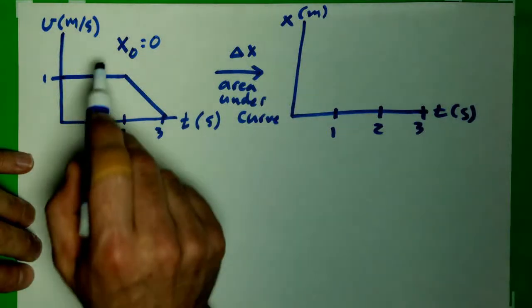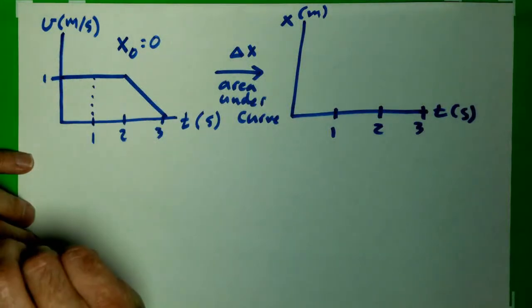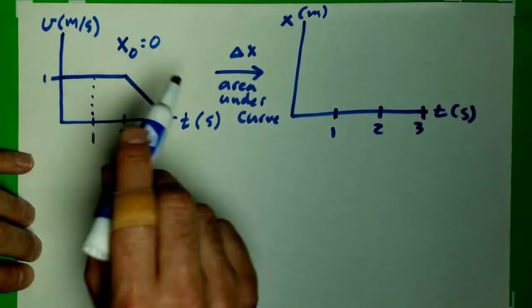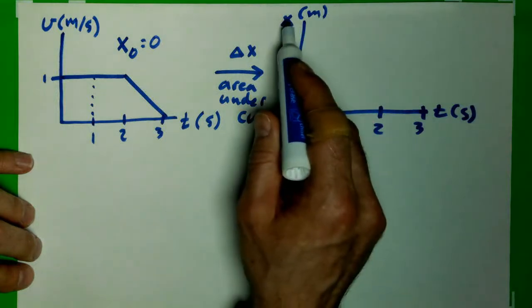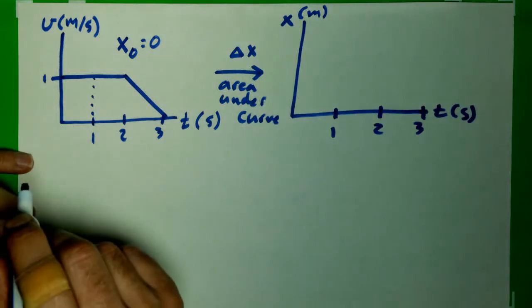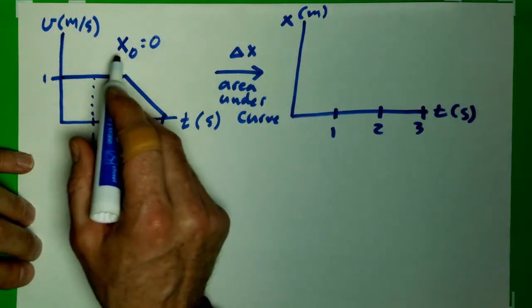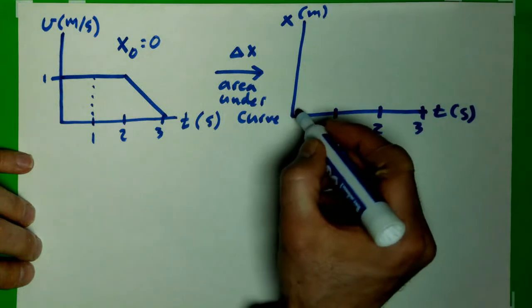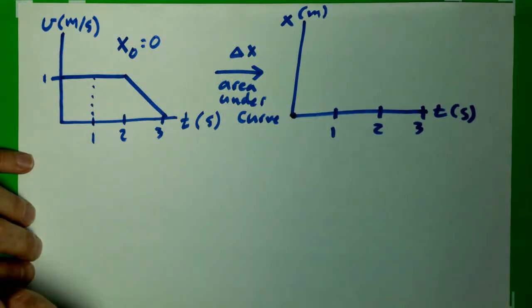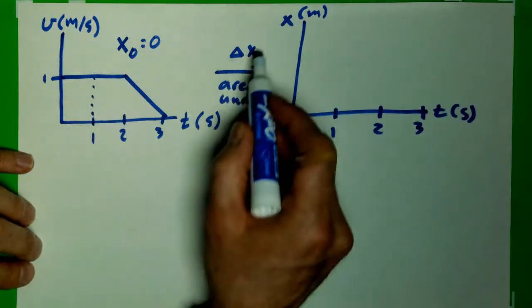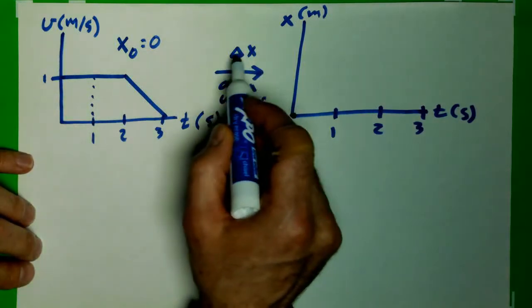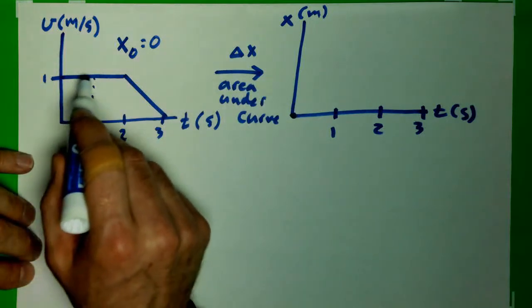As long as I know the position at some time, I can find position versus time. So knowing that we're starting at x equals 0, I'm going to add to it my displacement from 0, the area under this curve.